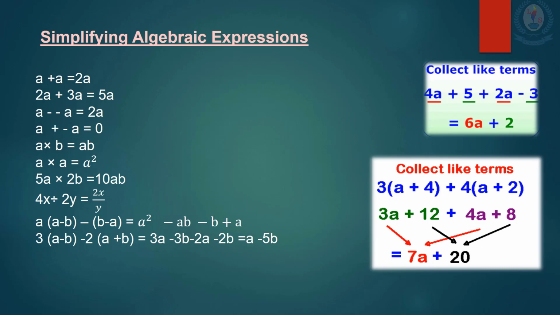Numbers you can divide. 4 divided by 2, 2. x over y. Likewise, you can see there are a few examples. Collect like terms and how to remove the bracket. Go through them. You can do exercise 2B now.